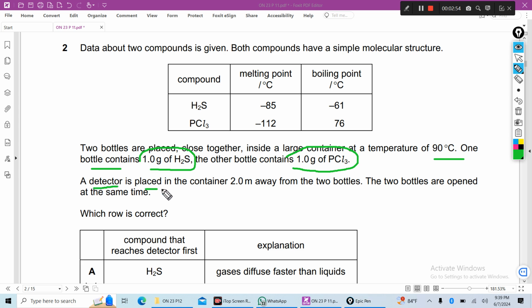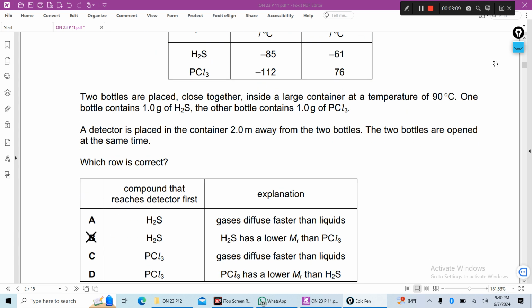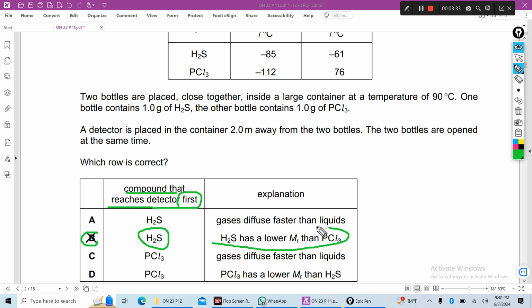A detector is placed in the container 2 meters away from the two bottles. The two bottles are opened at the same time. Which row is correct? You see, B is the right answer. Compound that reaches detector first: hydrogen sulfide, because hydrogen sulfide has lower relative molecular mass.